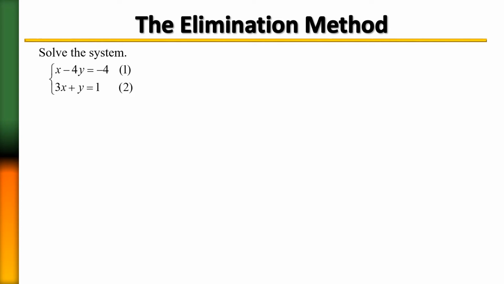So in this particular case, I'm going to choose to eliminate my x's. And again, I made that decision because I notice here that the x had a coefficient of 1, so it will be easiest to eliminate my x's here on this side. But I have to do something to the x in the first equation.